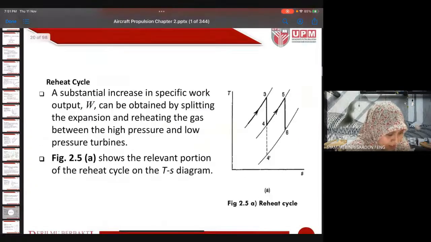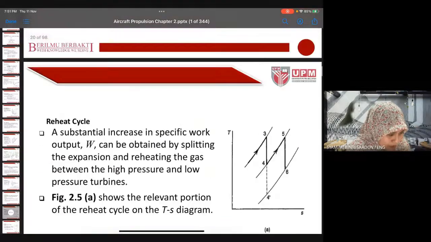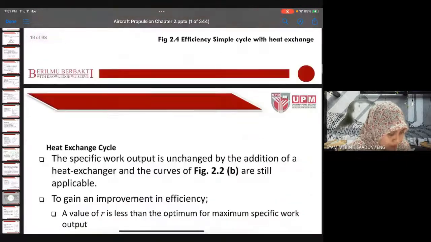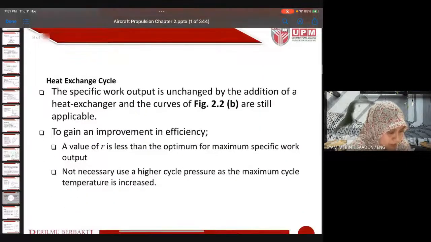Again, let me have a look. Specific work output: we don't have the equation of specific work output here, but it is explained here. The specific work output is unchanged by the addition of the heat exchanger, and the curve of figure 2.2b just now, the specific work output versus pressure ratio, is still applicable.